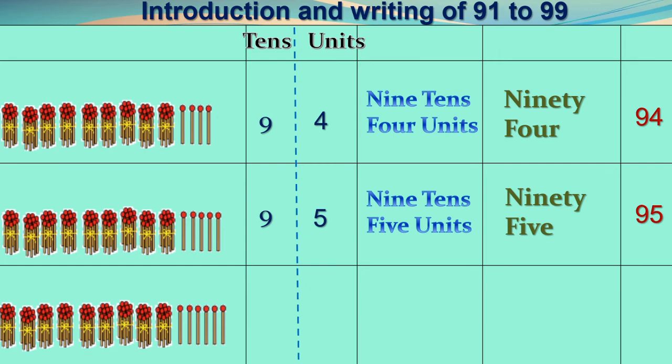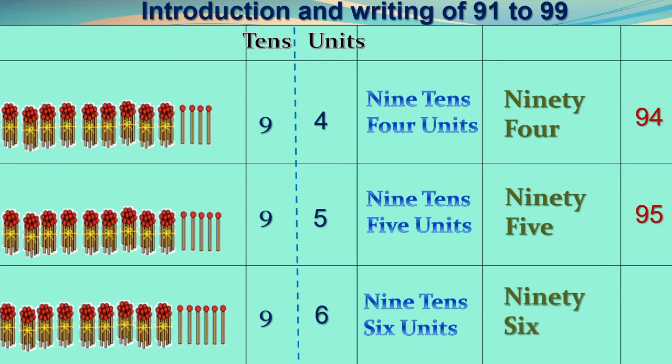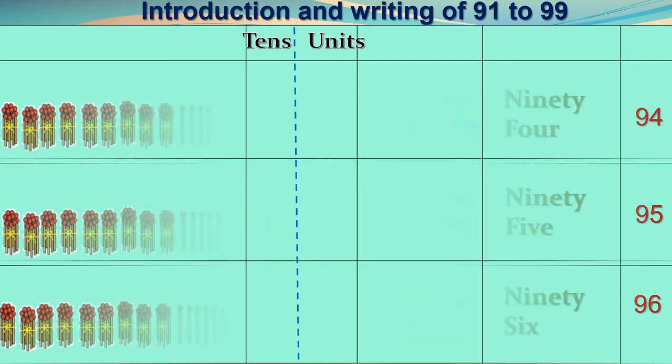Right? Let us add one more to 95. Very easy method, right? So 9 tens and 6 units we got. Let us write in words. And the number we got is 96. In numerals 90 and 6. Let us move further.